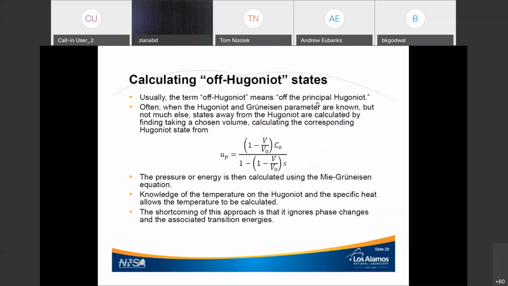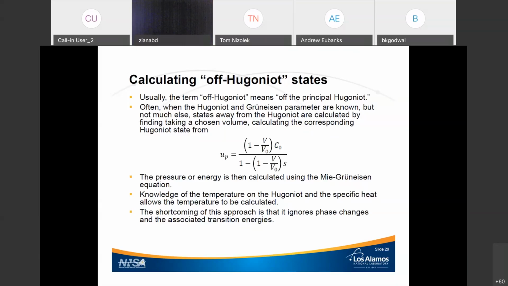Calculating off-Hugoniot states, given the Hugoniot: usually when somebody says off-Hugoniot, what they really mean is off the principal Hugoniot. The principal Hugoniot is the Hugoniot for the full density material that's at equilibrium at room conditions, starting from room conditions.